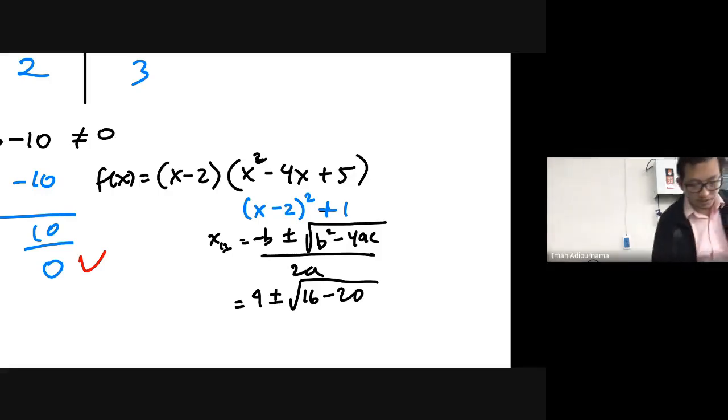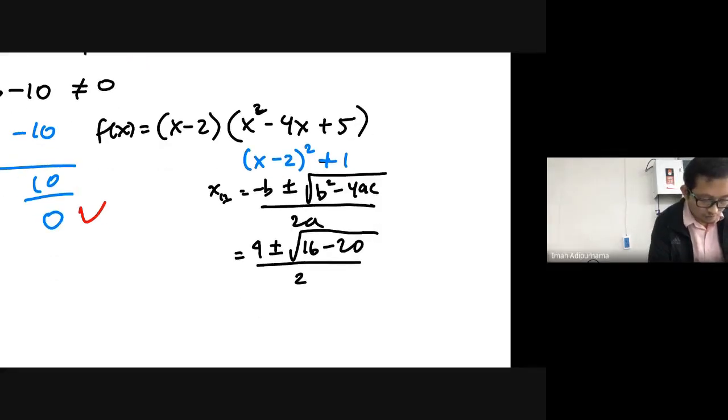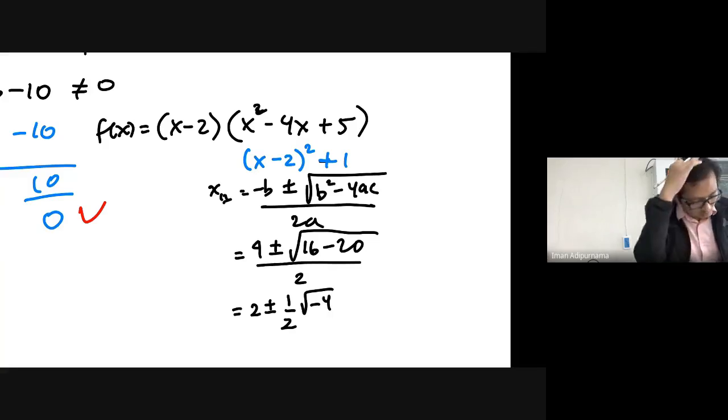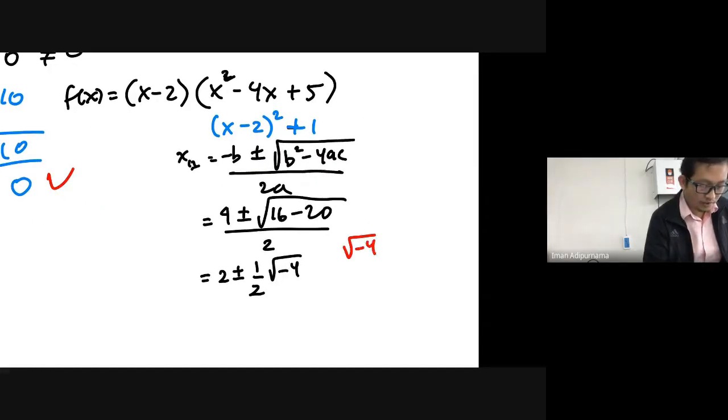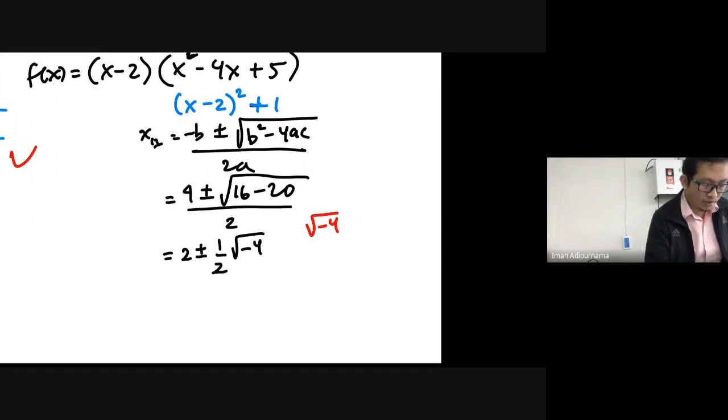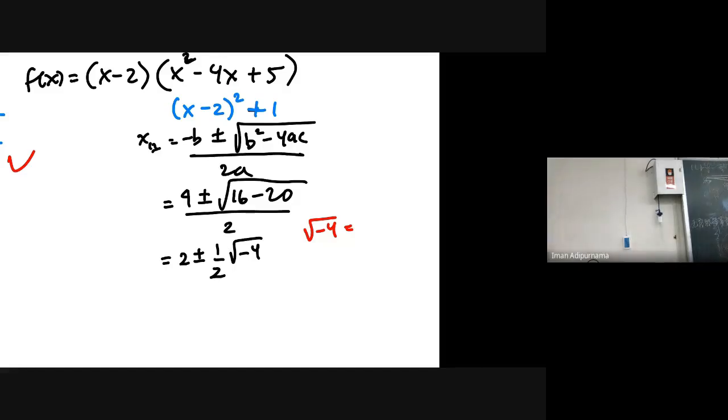Okay, so let's finish this part. Divide by 2. So I will get 2 plus minus, it's half, and I will write 1 by 1 so you get the idea. If you have the square root of negative 4 like this one, the square root of 4 is 2, right?